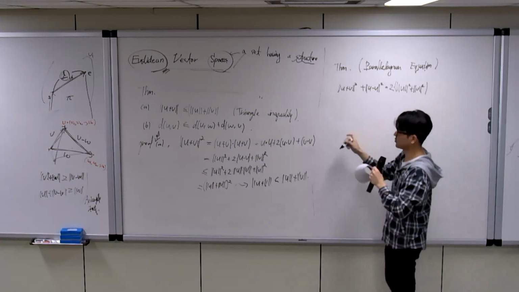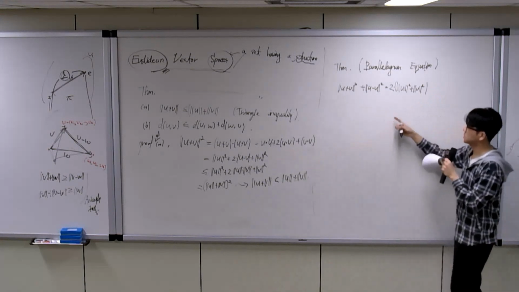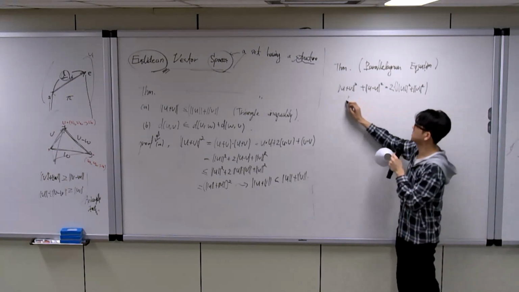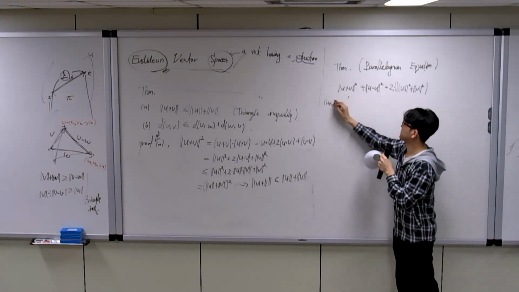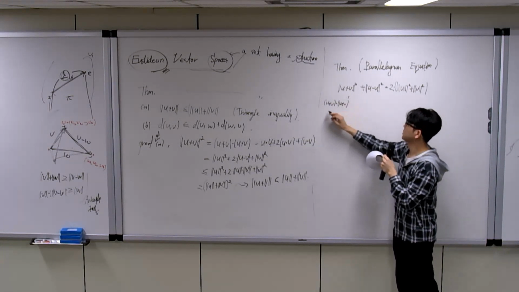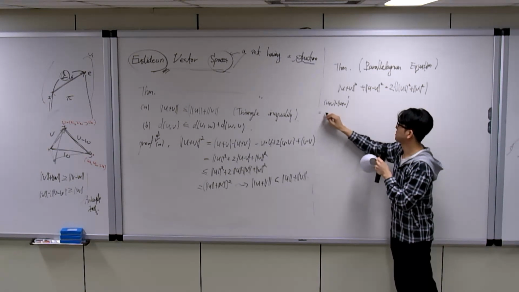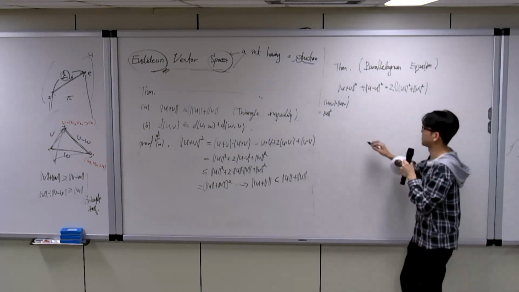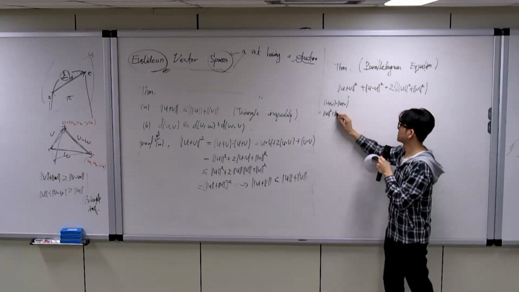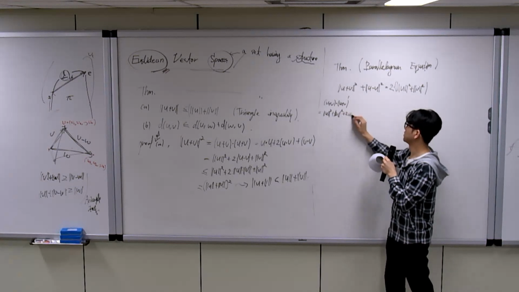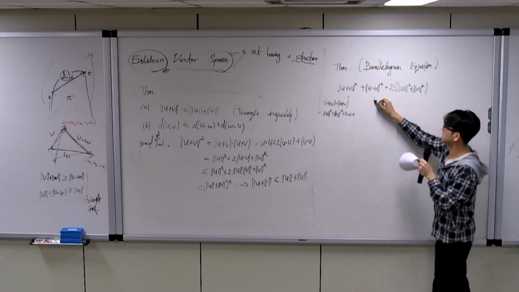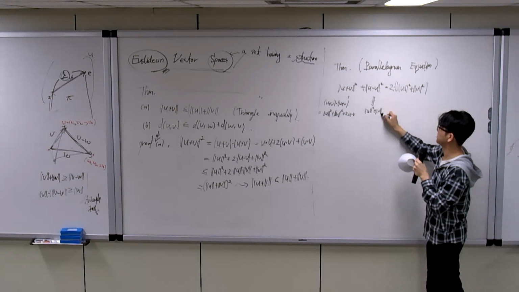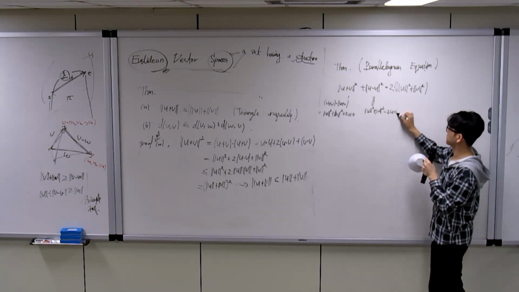And by using the calculation of norm, you can get the result, because the norm of u plus v squared is the norm of u squared plus the norm of v squared plus 2 u inner product v, and this is the same as the norm of u squared plus the norm of v squared minus 2 u inner product v.